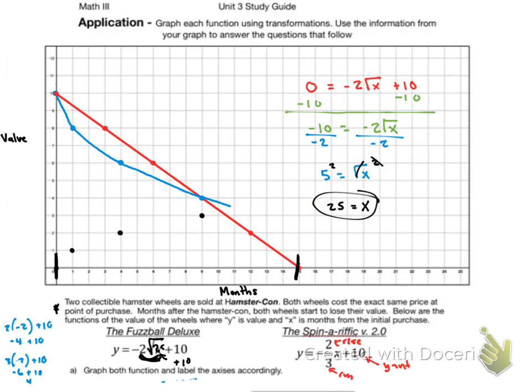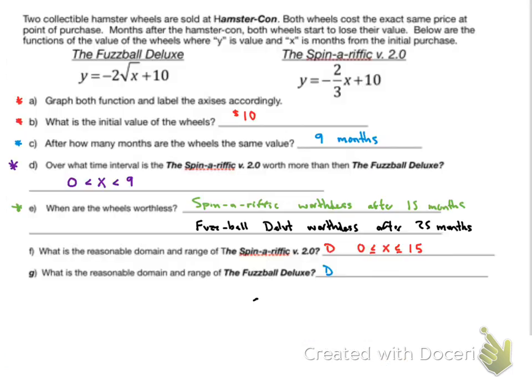The domain for Fuzzball was from 0 to, we said 25 is where it's worthless. So from 0 to 25.